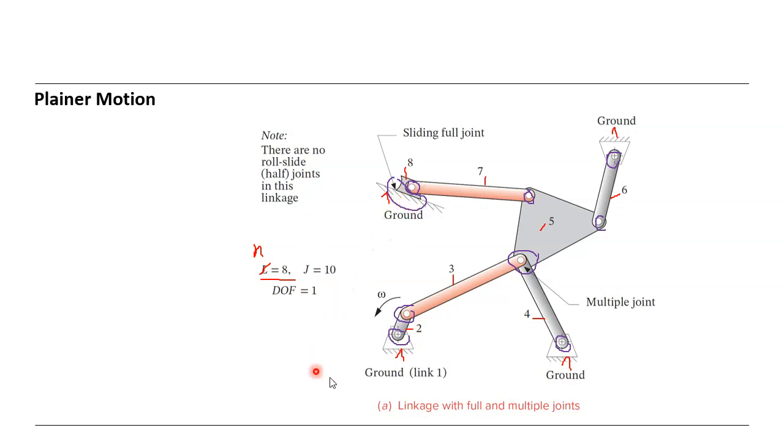Then here we have 5, revolute joint 6, revolute joint 8, and 9. So here's a mistake. 1, 2, 3, 4, 5, 6, 7.